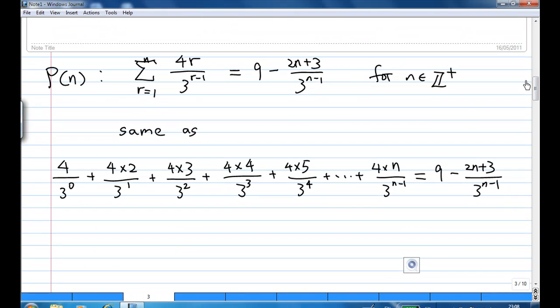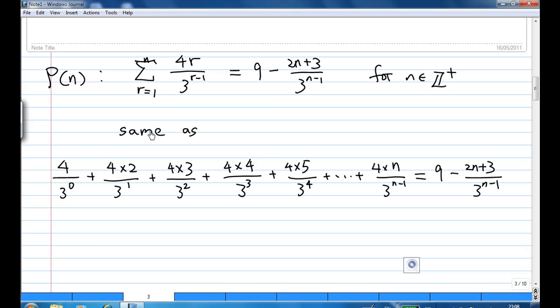I'm going to let P of n be the summation of 4r over 3 power r minus 1, r from 1 to n, equal to 9 minus 2n plus 3 over 3 power n minus 1, for n belonging to positive integers.